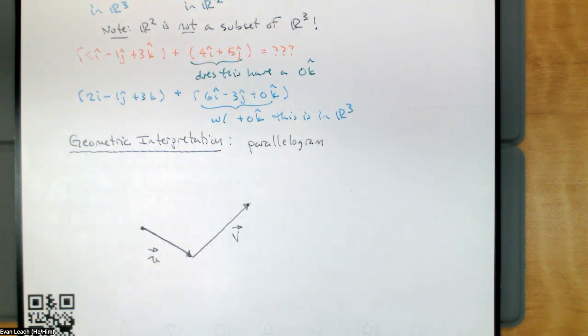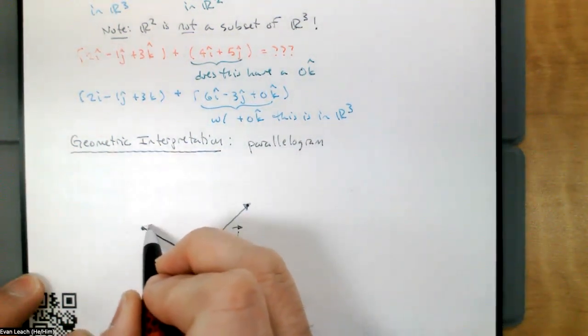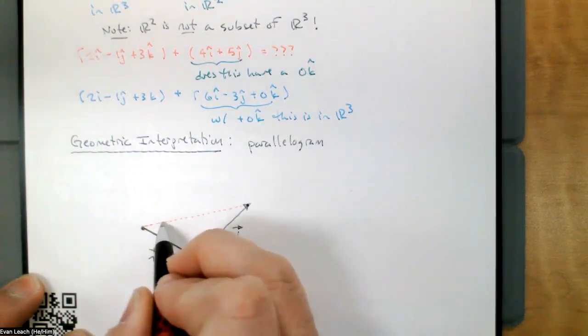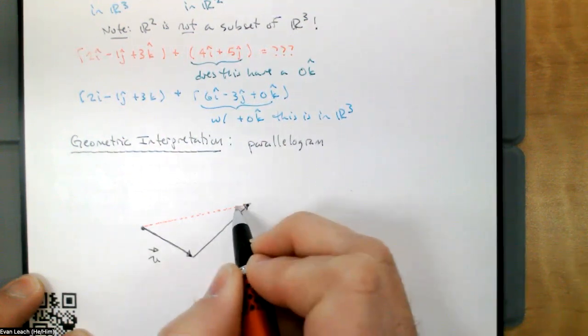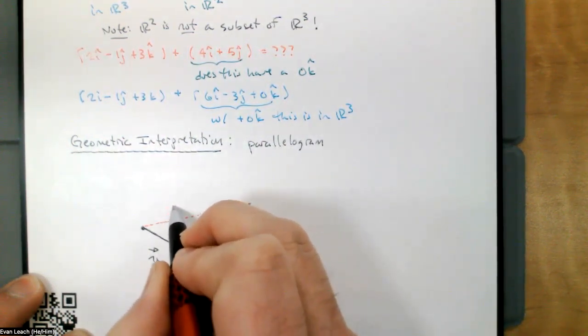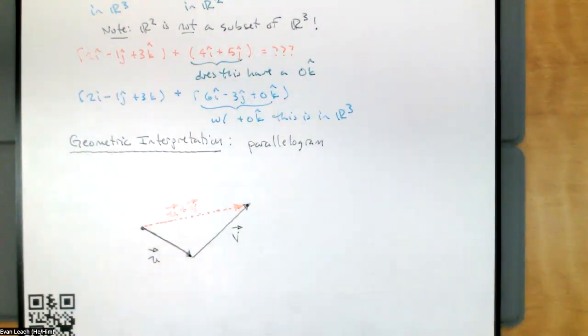So this is like a tail to head method. We draw the vector u and then we attach the v to the end of u. And then u plus v will start at the beginning of u and end at the end of v. This is how we interpret u plus v.